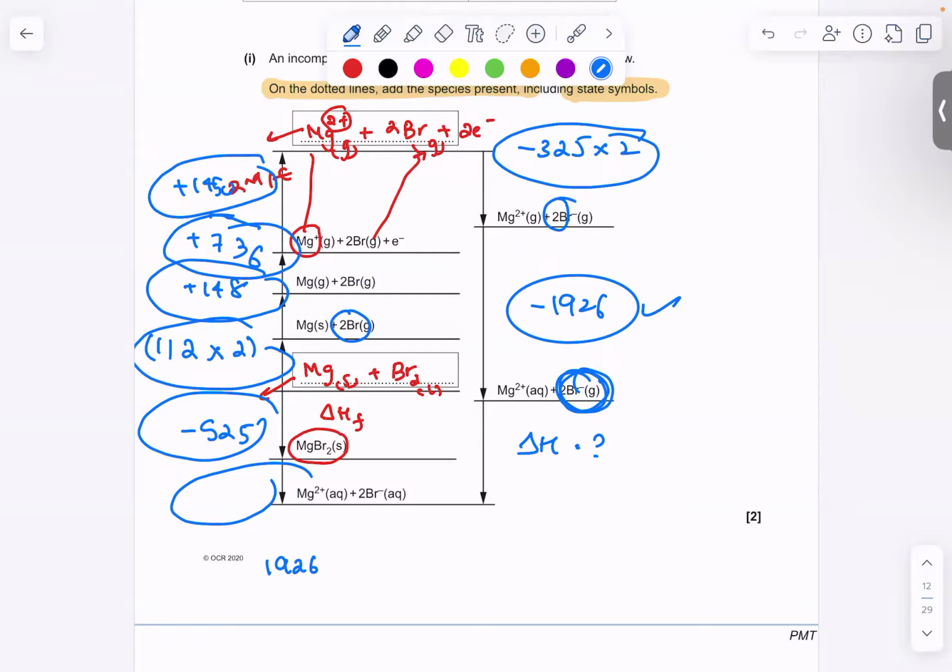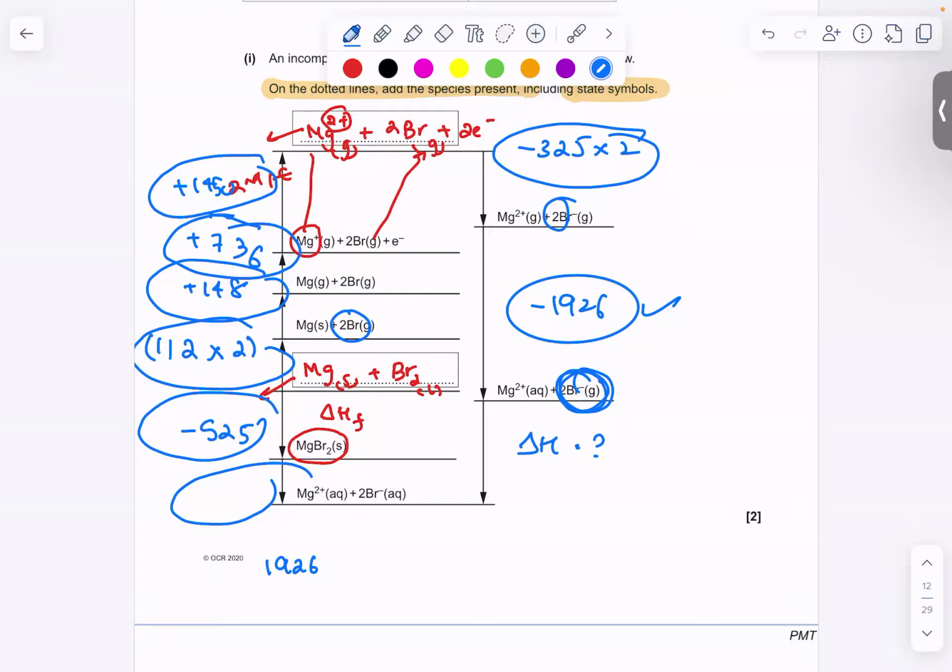So that would be 112 into 2, that is 224. 224 plus 148 plus 736 plus 1450 is equal to 2558.